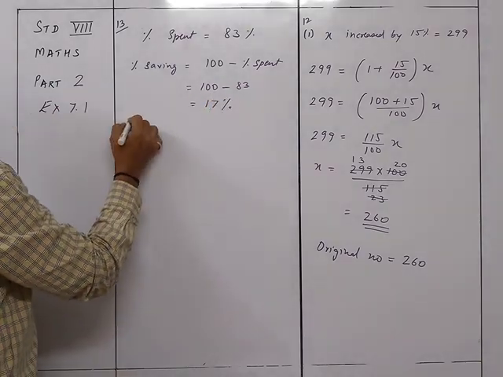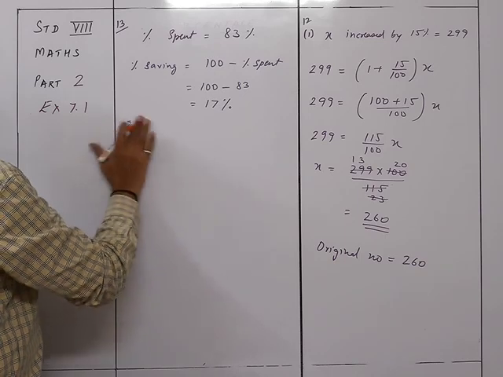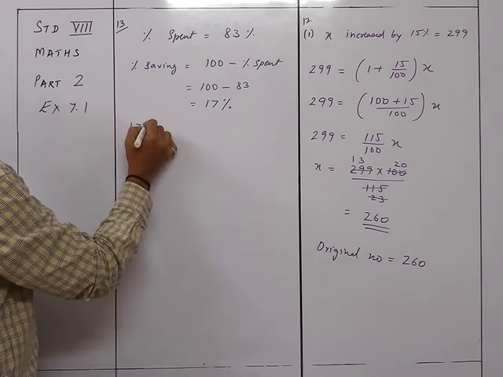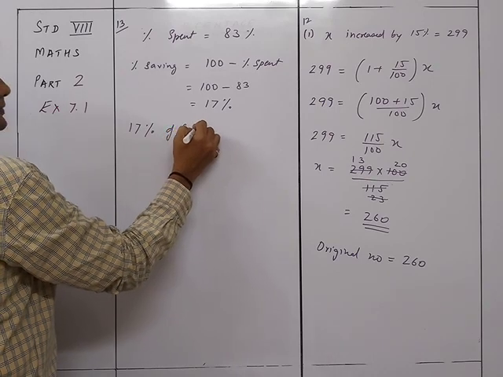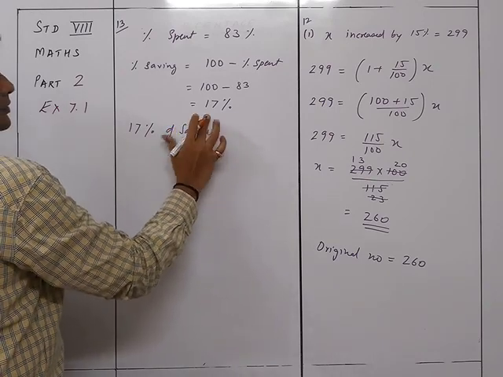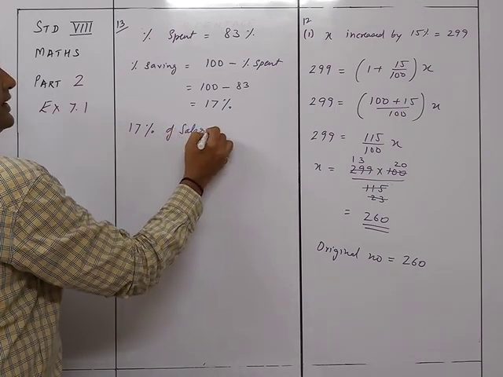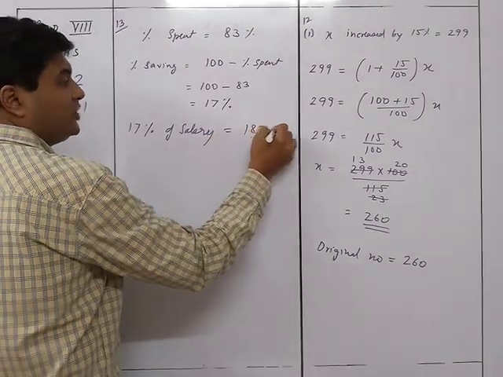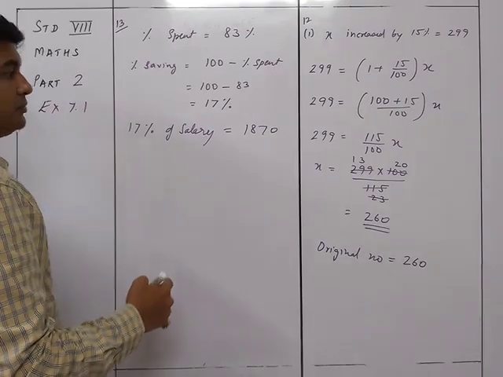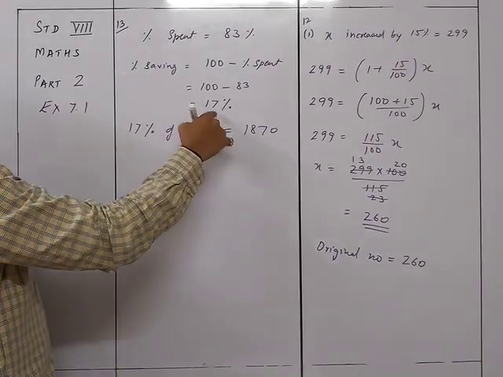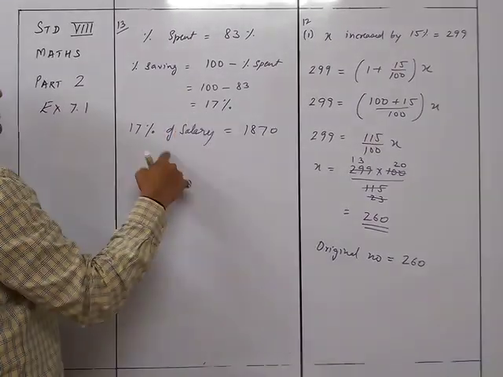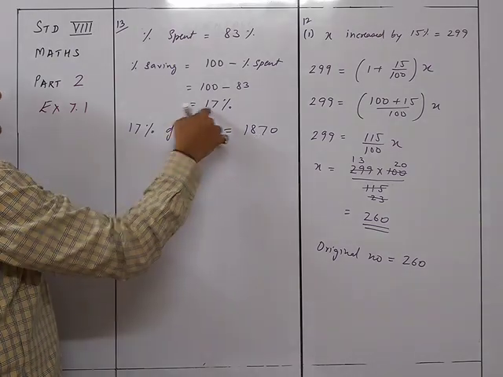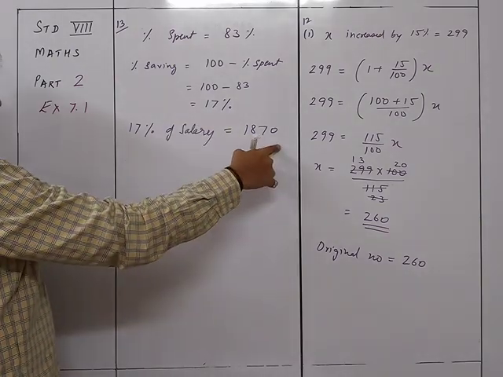So that means 17% of salary is given to be 1870, because that is the savings. Savings is how much? 17%. And that is amounting to 1870. That means 17% of the salary is 1870.